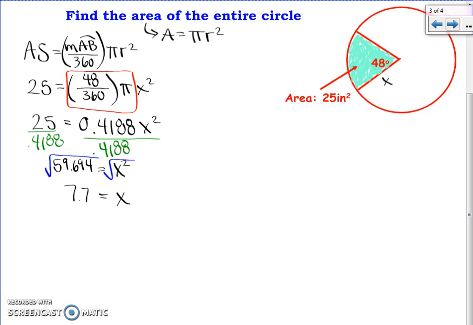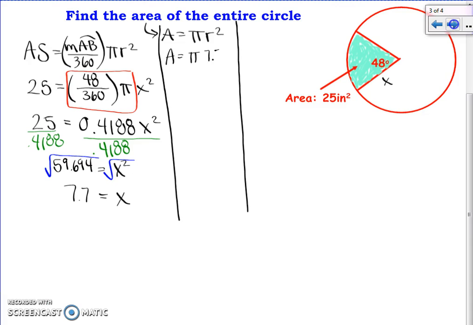Okay, so we have the radius now. Are we able to answer the question that they asked? Yes. Okay, so we have pi r squared. All we need to do is put that 7.7 in that we found, and we have our area of the circle. 186.265.